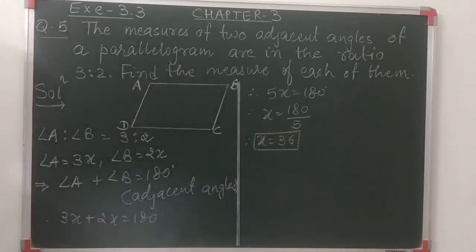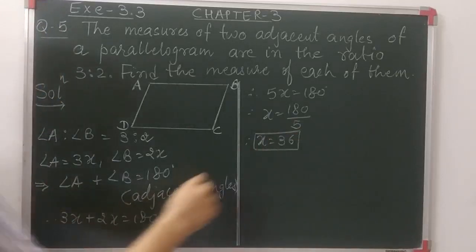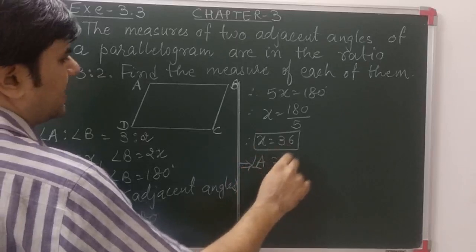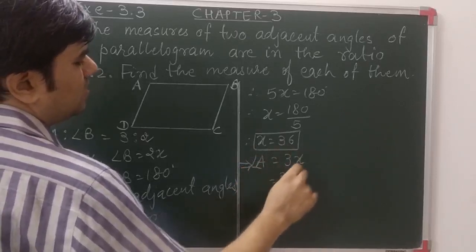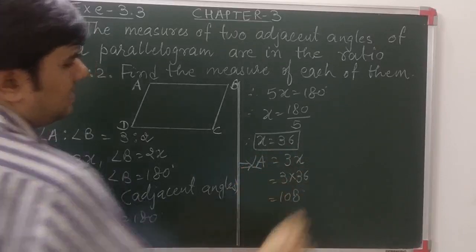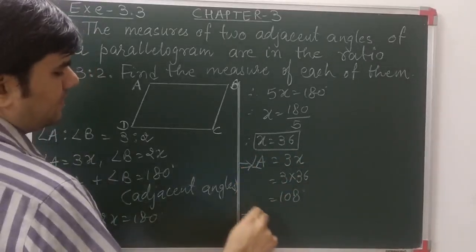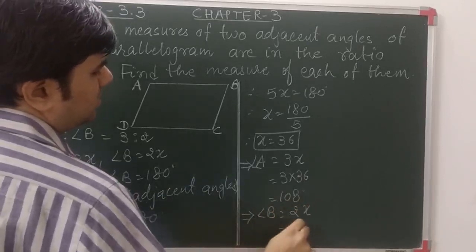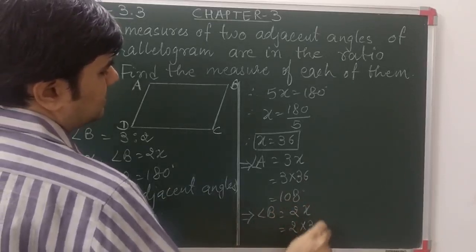Remember, x is not the answer. We have to find angles A, B, C, D. Let us substitute this value in angle A, which is 3x. So 3 into 36 is 108. And angle B is 2x, so 2 into 36 is 72.